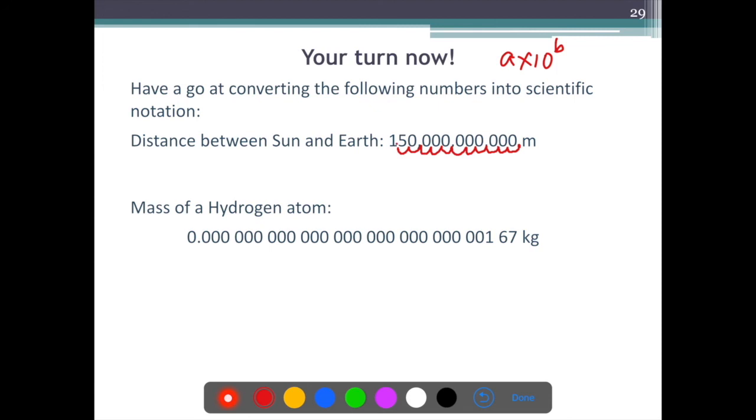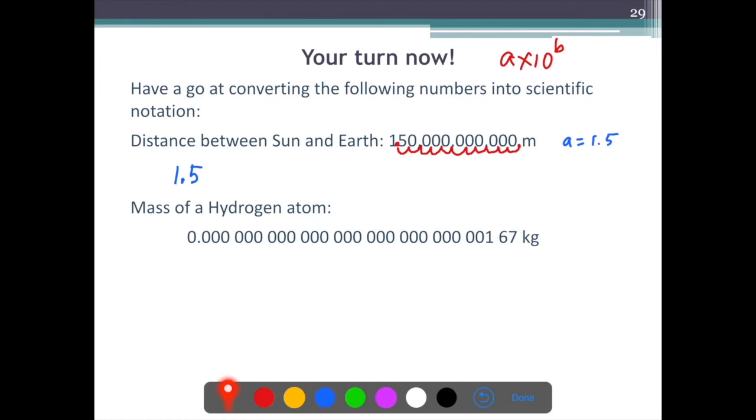And you've moved the decimal point from the end to this position between 1 and 5. So you have there 1.5, which will be A. So A is equal to 1.5, right?